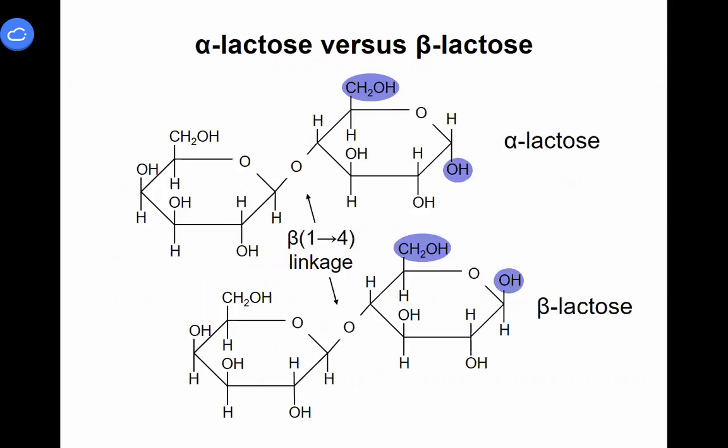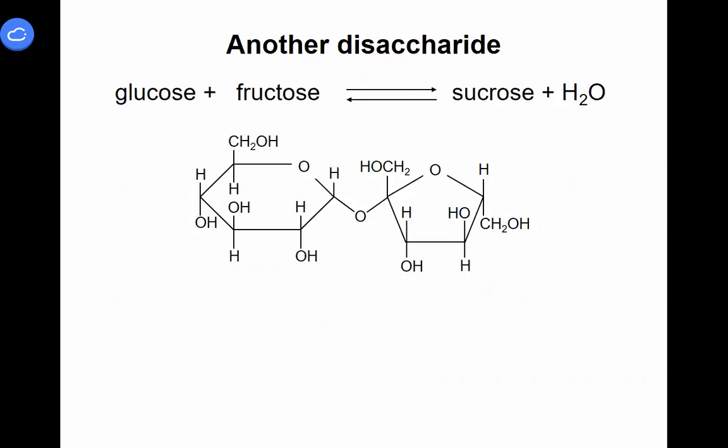Okay. So here's another one. Again, I can feel like, oh man, how many of these are going to show? But here, this is the one we're going to use to see if you're absorbing all the good wisdom that I'm putting out. Okay, so this is another disaccharide. Glucose and fructose join together to make sucrose. And sucrose is a disaccharide, and this is its structure.